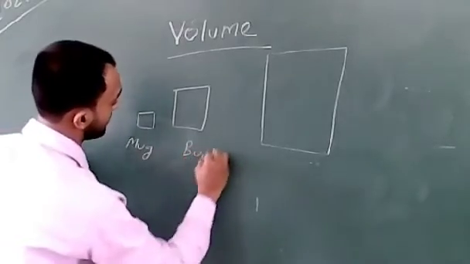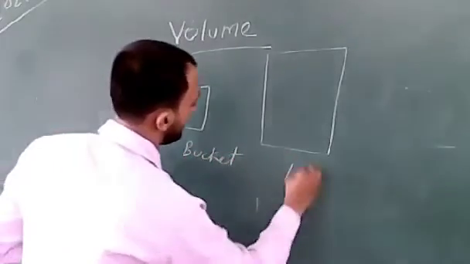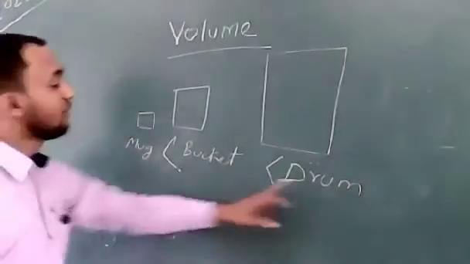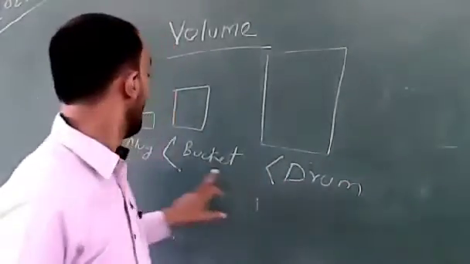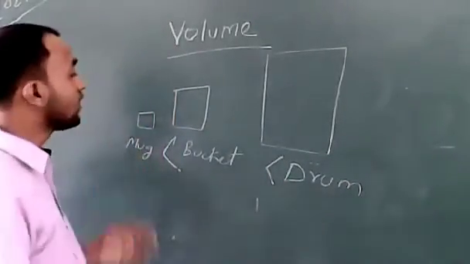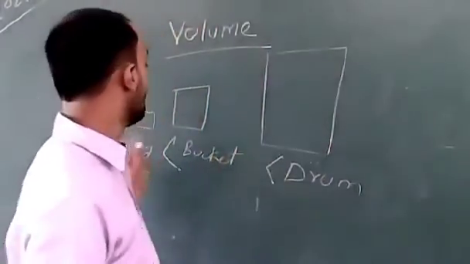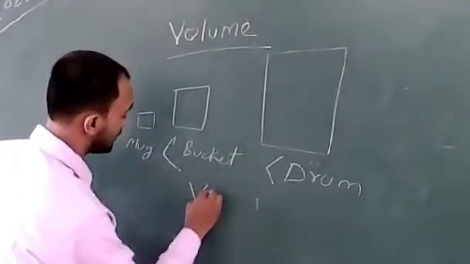The drum will be the biggest and the bucket will be bigger than the mug. So we conclude the dimension on the basis of its volume.